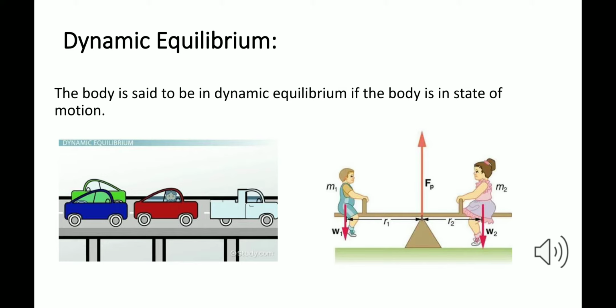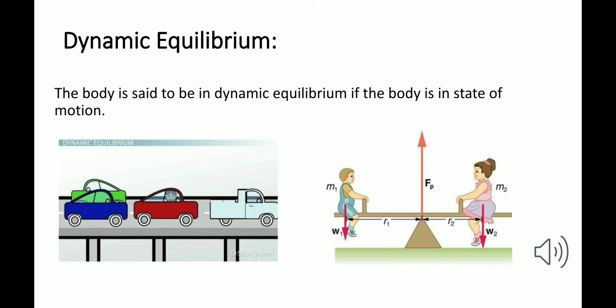For example, a car moving on a road. If the car is moving, how come the force acting on it becomes 0? It will only be the case when acceleration is 0. That means the car is moving with a constant velocity.